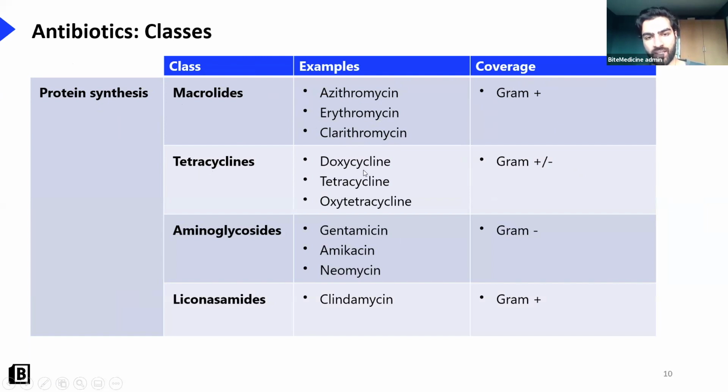Tetracyclines like doxycycline, tetracycline, and oxytetracycline can cover both gram-positive and gram-negative, and aminoglycosides predominantly cover gram-negative bacteria, and they end in mycin, or in sin rather, gentamicin, amikacin, and neomycin. And then finally, we have clindamycin down here, which is predominantly gram-positive cover.